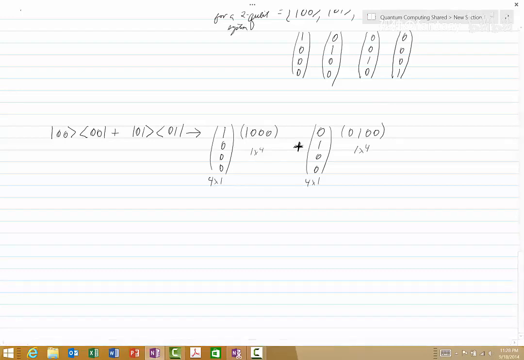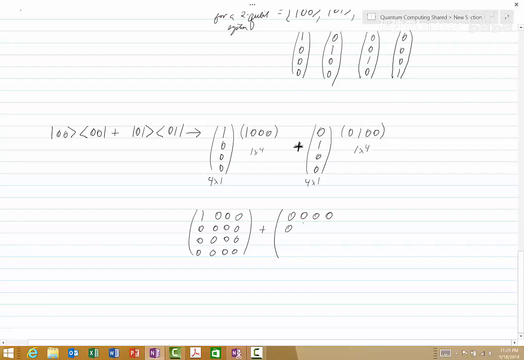So let's see how this goes. Well, the first one will be 1 in the top left corner and zeros everywhere else. And the second one will give us a 1 in the second row, second column, and zeros everywhere else.